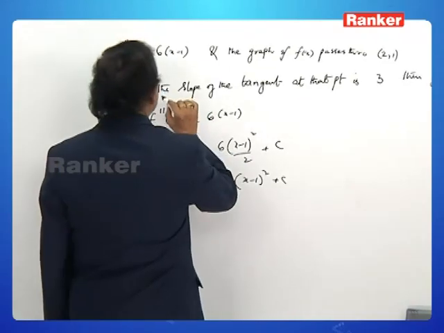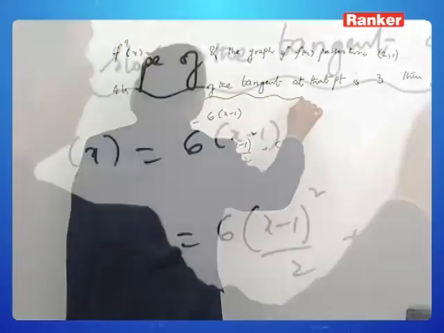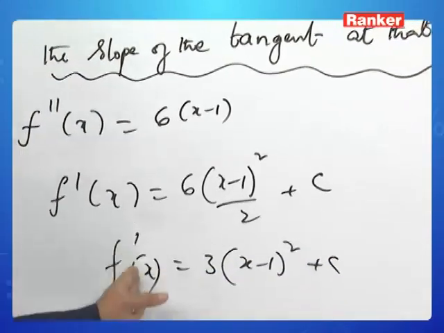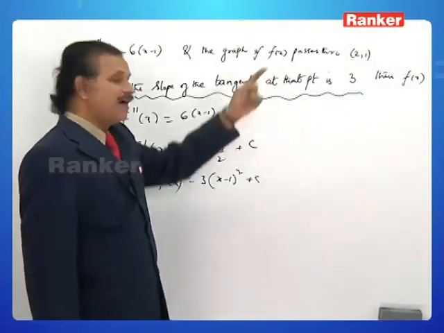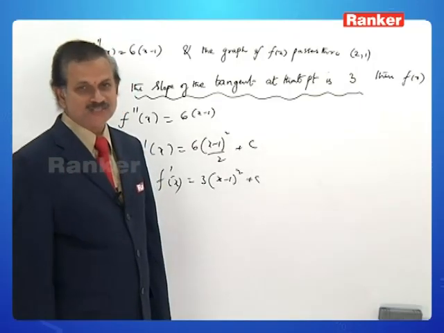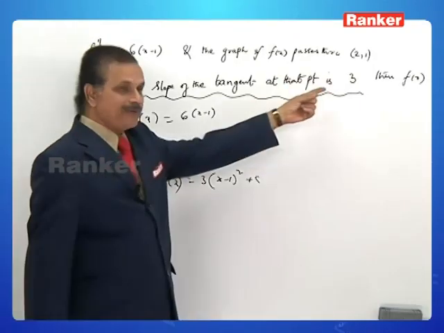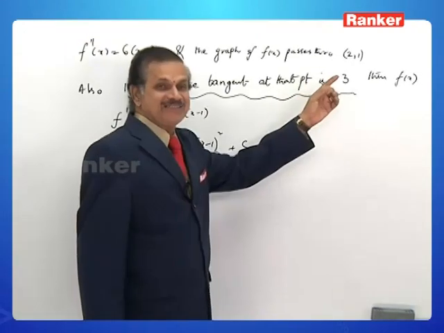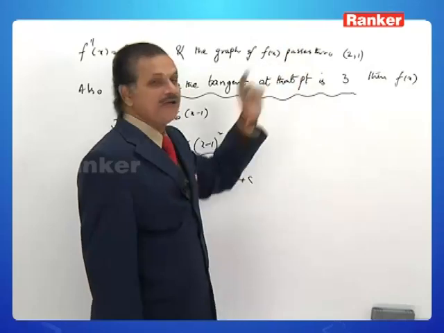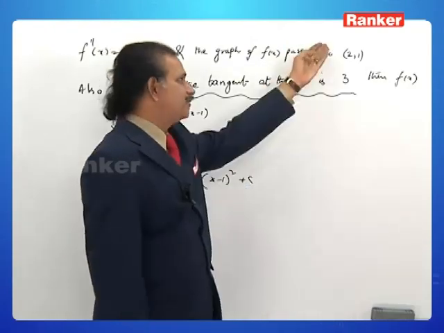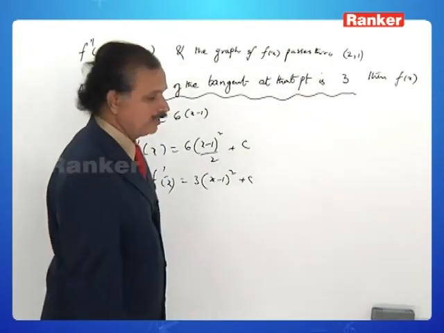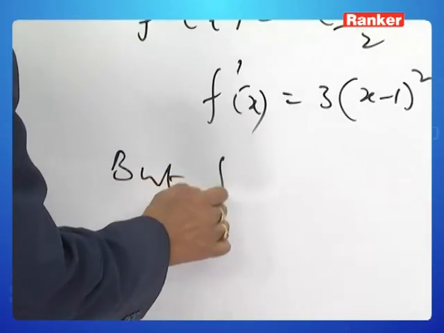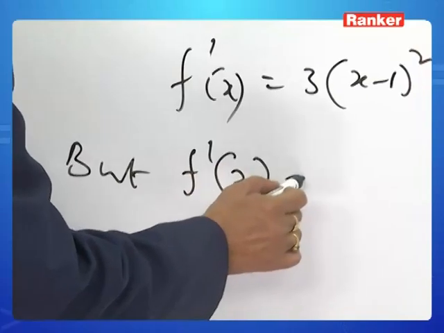Slope of the tangent at that point is 3. What does it mean? f dash x at the point 2, 1 is nothing but f dash 2, isn't it? So f dash 2 must be 3. Slope of the tangent means derivative at the point 2, 1. That is derivative at x is equal to 2. Isn't it? But f dash 2 is equal to 3.